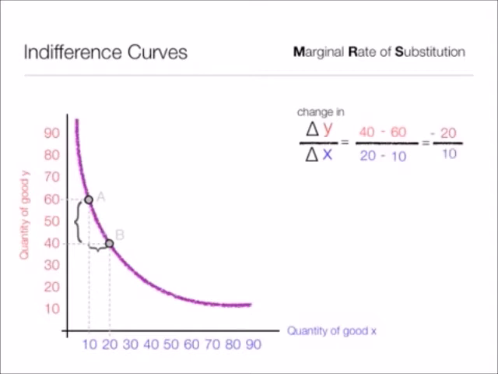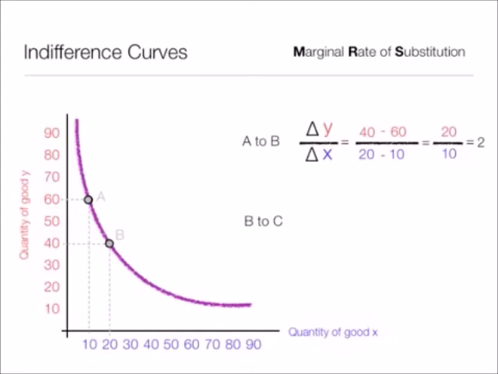This is equal to negative 20 divided by plus 10. The consumer is willing to give up 20y to get 10x. The marginal rate of substitution in this case is 2.